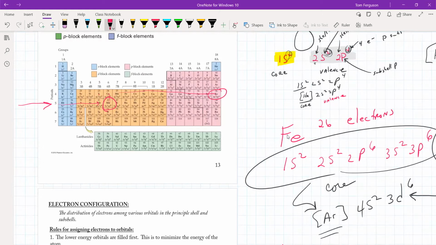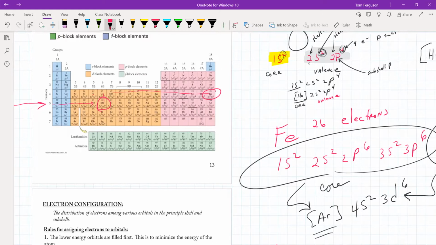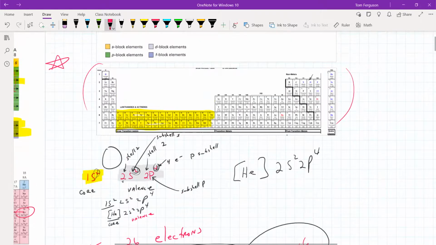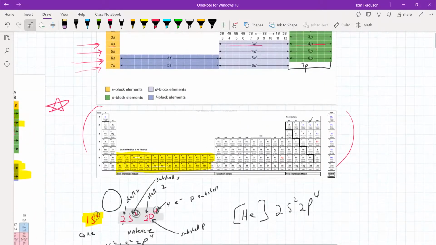How far in the d's? 1, 2, 3, 4. So we have 5s, 4d4, and we're using krypton representing the core electrons.